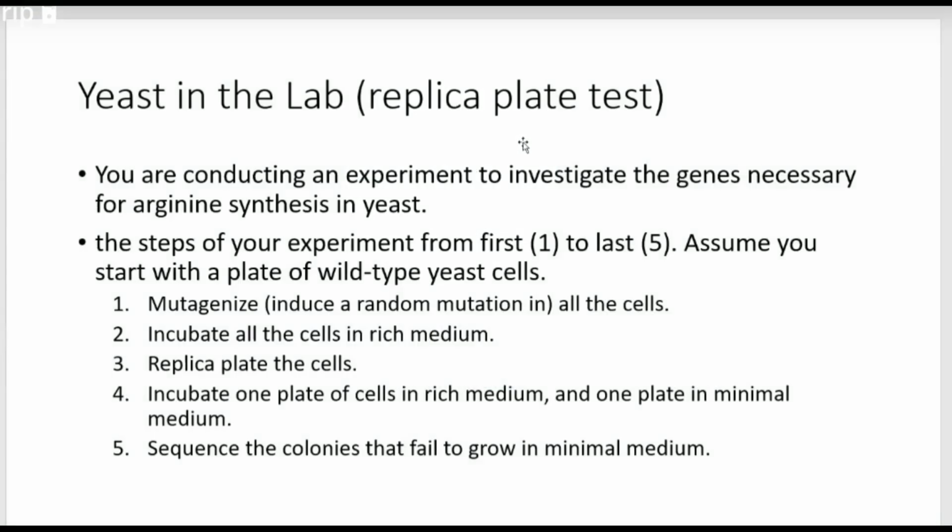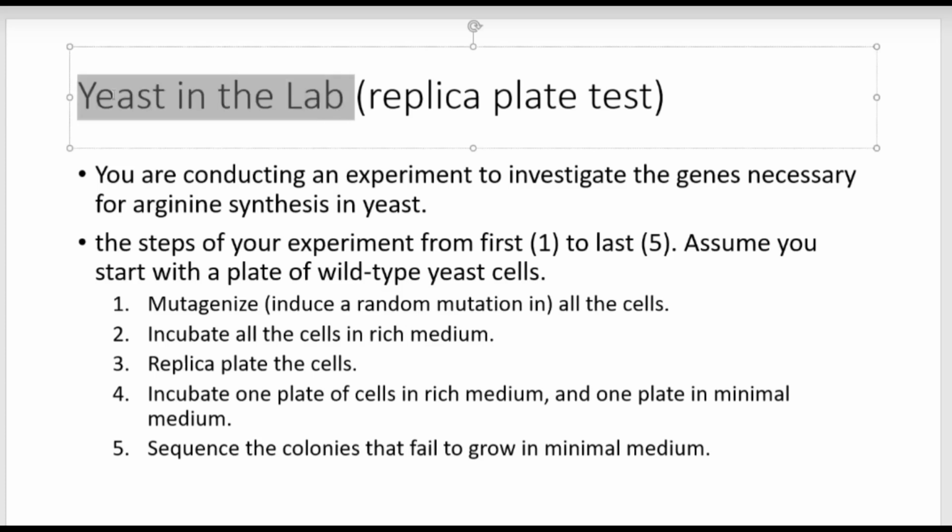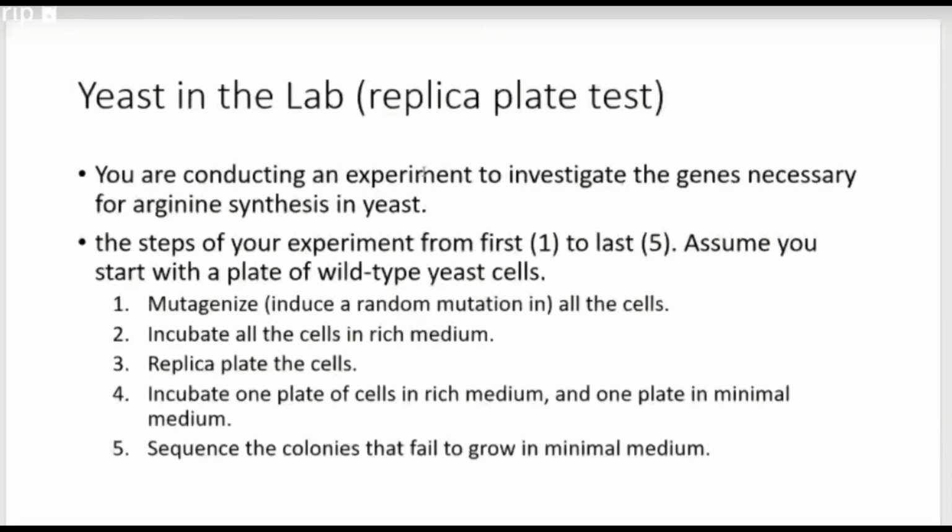You have to know another concept in genetics in the lab: yeast in the lab. This is the topic here, but the concept is called the replica plate test. An example of this test is conducting an experiment to investigate the genes necessary for arginine synthesis in yeast.